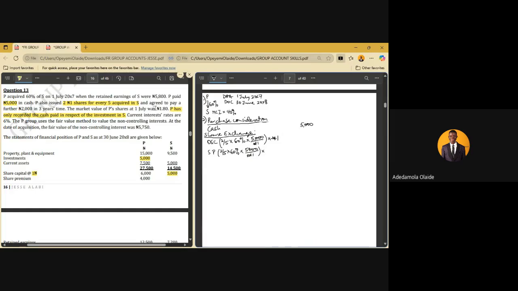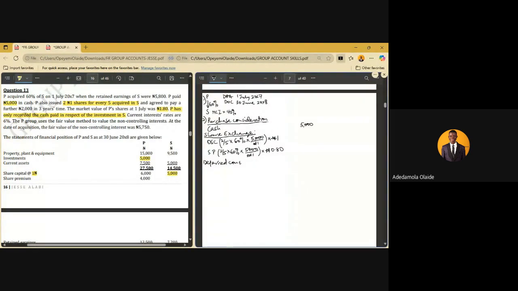They told us that the market value of their share is 1 naira 80 kobo. So if 1 naira is share capital, 80 kobo will be share premium, 0.80.